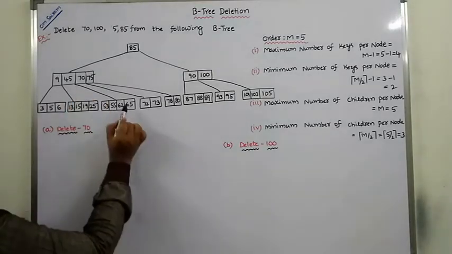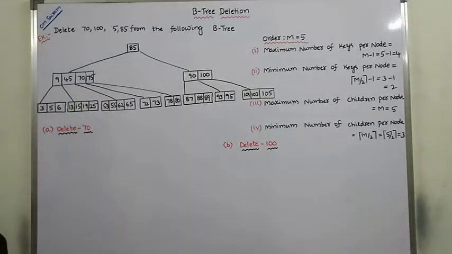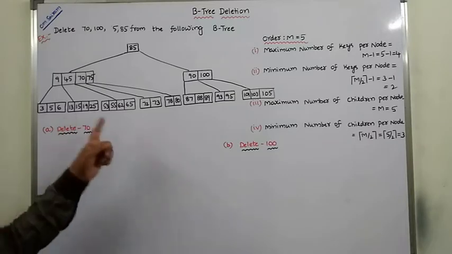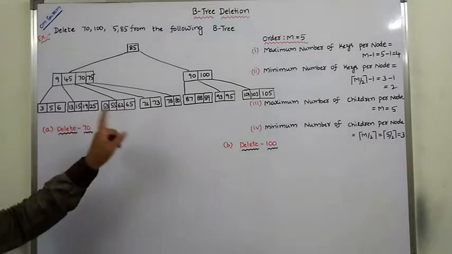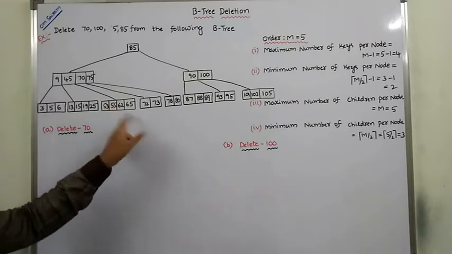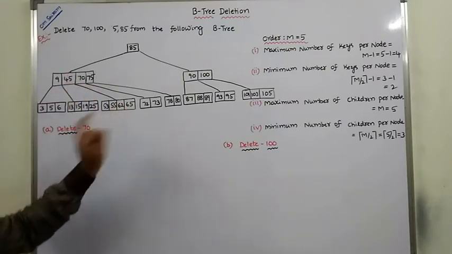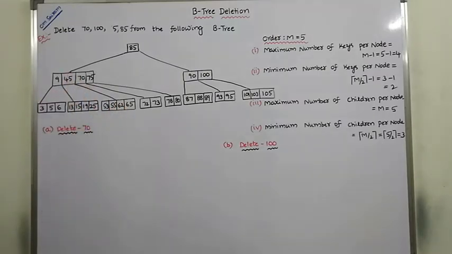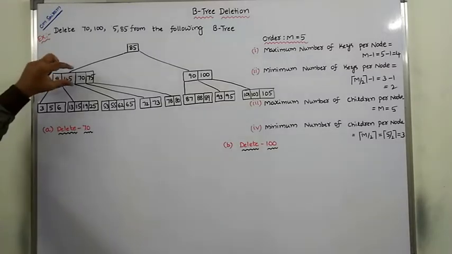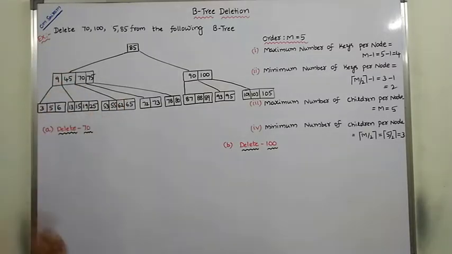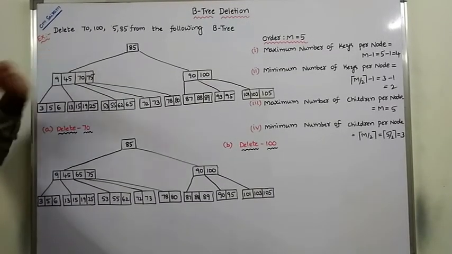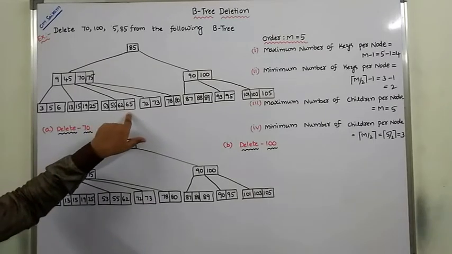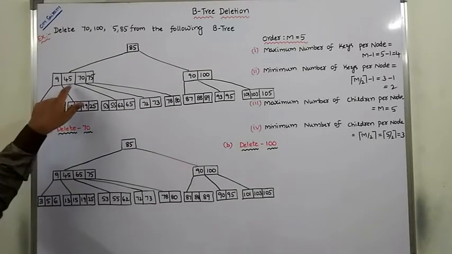Now 70 can be replaced with 65 because the in-order predecessor of 70 is 65. So after replacing 70 with 65, the tree becomes, now the 70 in-order predecessor means the maximum element in the left subtree.